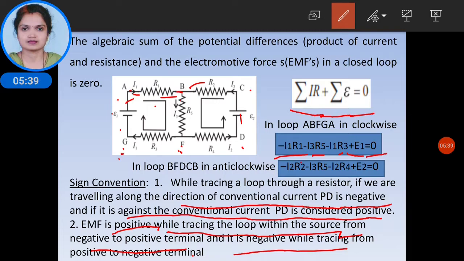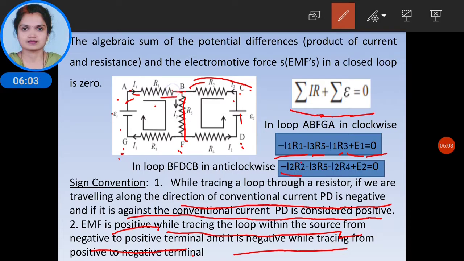Now consider the next loop, that is B, C, D, F and B. In this loop we are going in the anticlockwise direction. So consider the first branch, from C to B. From C to B, again the direction is the conventional current direction for the current I2. So the product is minus I2 R2.